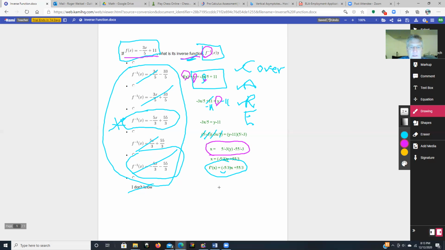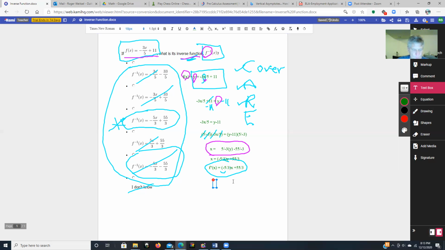And when we get to this point, I should have emphasized that the x here represents the inverse function of x.